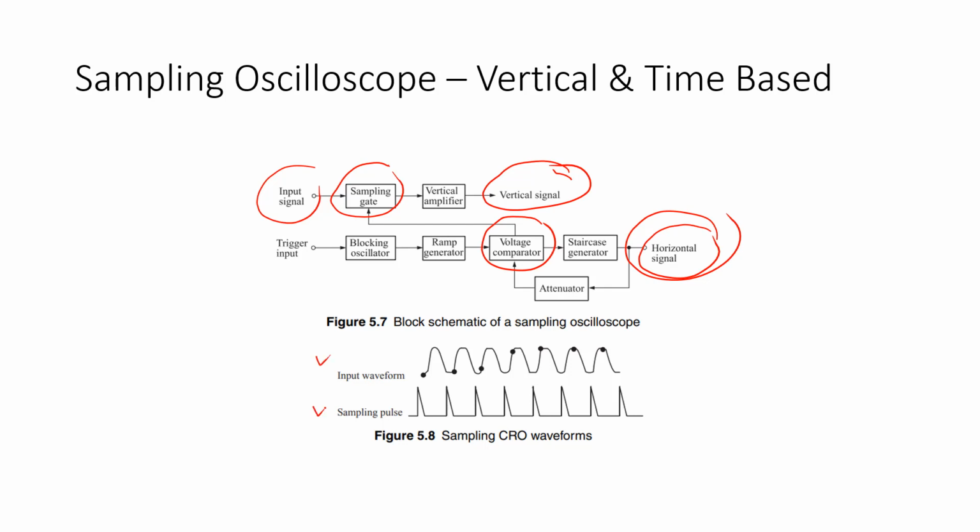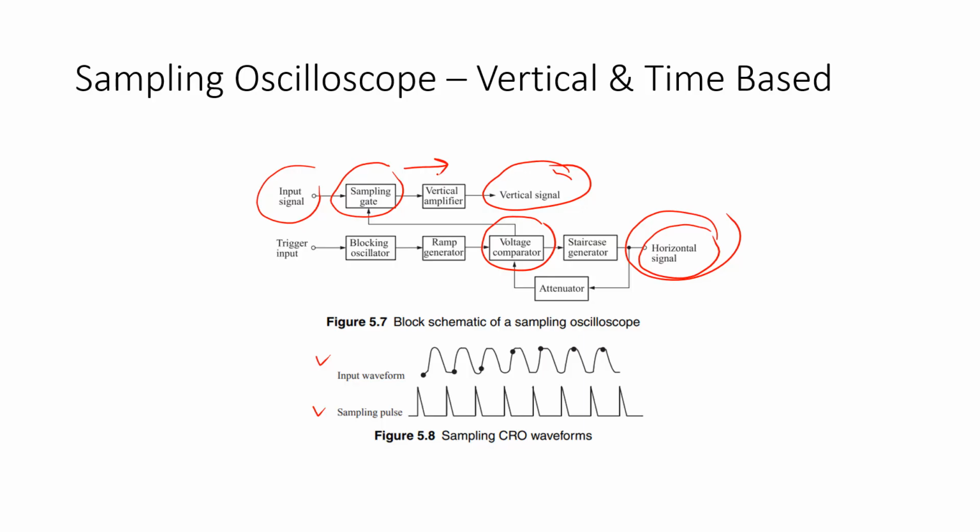The sampling pulse will sample the input waveform, then discharge and distribute the sample to the vertical amplifier, and we can see it in the vertical signal and also the horizontal signal. So this is the working principle of the sampling oscilloscope.